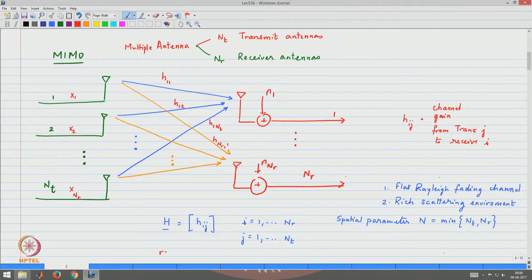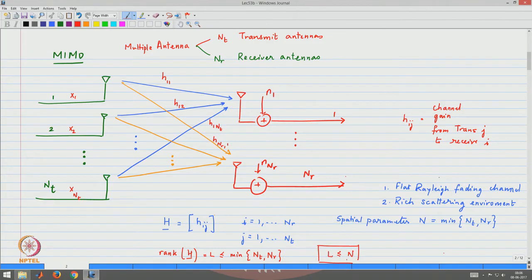If we denote the rank as L, it will be less than or equal to the minimum of the number of rows and number of columns, Nt and Nr, or in other words, L is less than or equal to N.